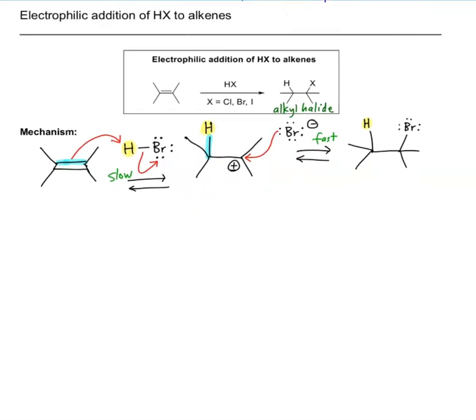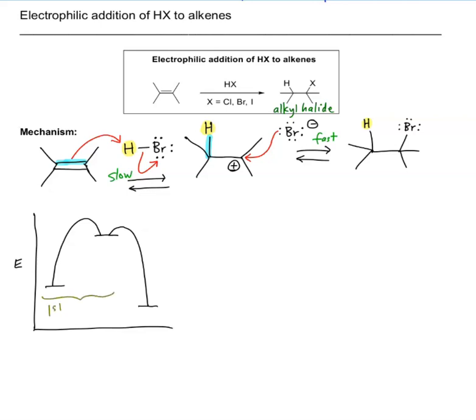Okay, so looking at this on an energy diagram. Turns out the energy diagram looks a lot like the one we saw when we were reviewing ideas that govern chemical reactions. So you have a two-step mechanism.